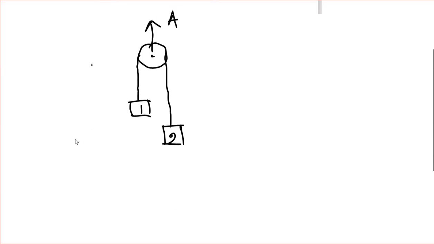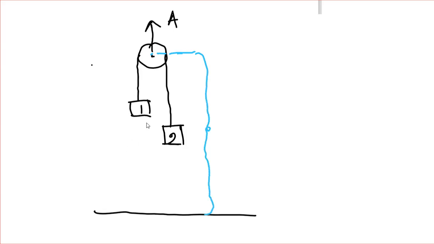So let's assume this is the ground level. Let's assume that the pulley is at height H from the ground level, and body 1 is at h1 from the ground level, and body number 2 is at h2 from the ground level.